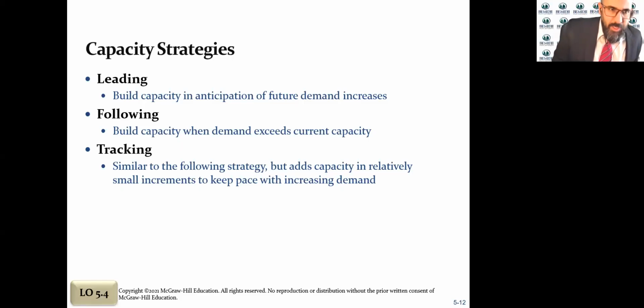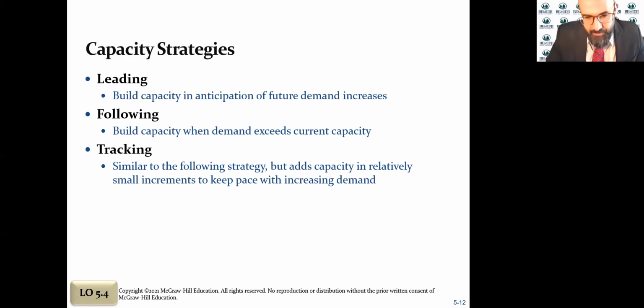In this video, I will be talking about some strategies to meet the capacity and to meet the demand. One of the capacity strategies that we use is called leading, which means leading the demand. What does that mean? Build capacity in anticipation of future demand increase.